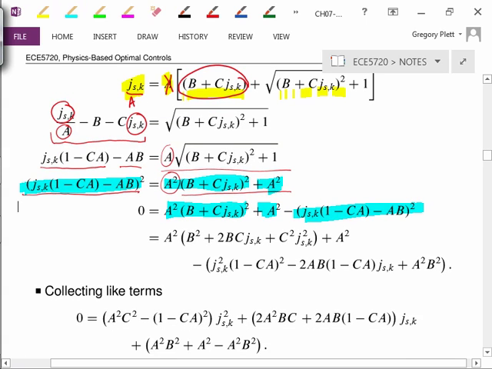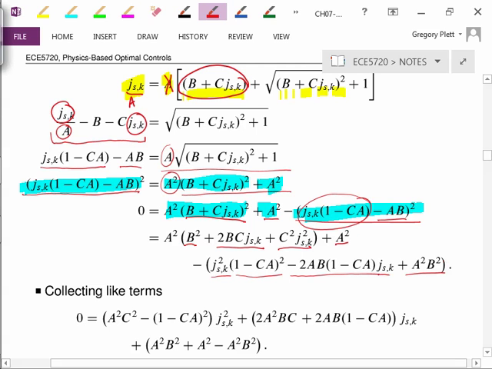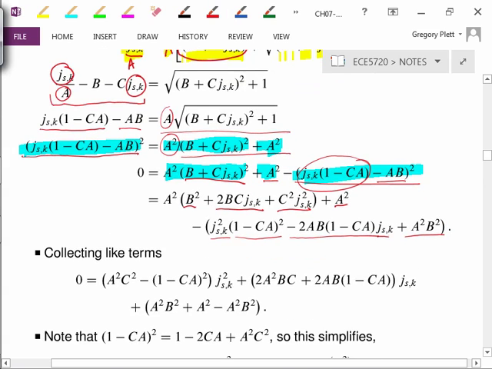And I'm multiplying out what this is, so (B plus C j) squared gives me B squared plus 2BCj plus C squared j squared, and then I've got this A squared is there, and then multiplying all of that out, I've got that thing all squared, so j_s squared (1 minus CA) squared, and then minus 2 times the product, so minus 2AB times this j_s (1 minus CA), and finally minus AB all squared, so plus A squared B squared. All of that works there.